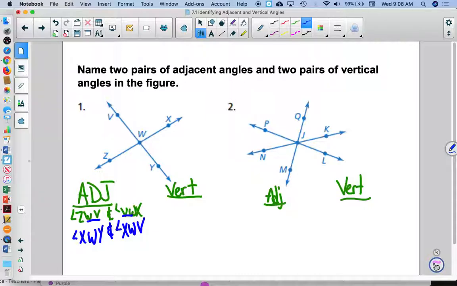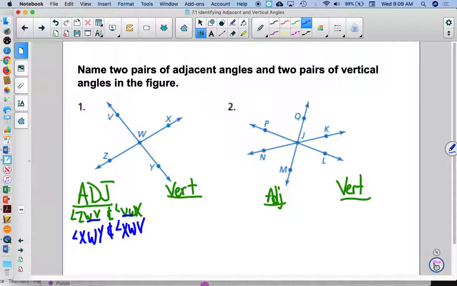Good. What about a vertical angle? A pair of vertical angles. Give me a pair of vertical angles, Trenton. VWY and XWZ. Okay. VWY is a straight angle, and XWZ is a straight angle.